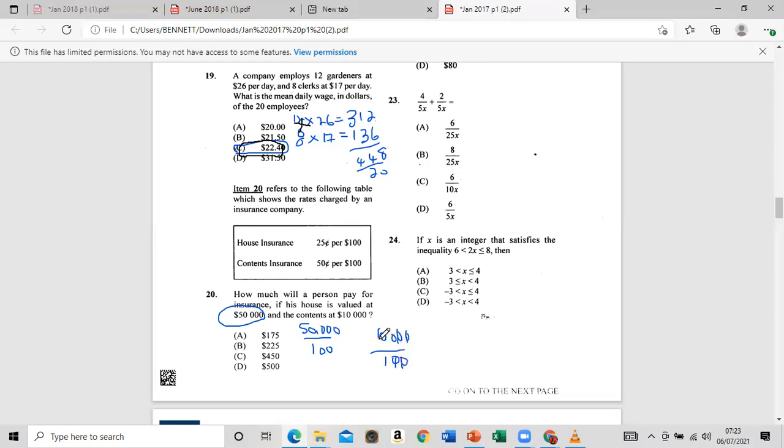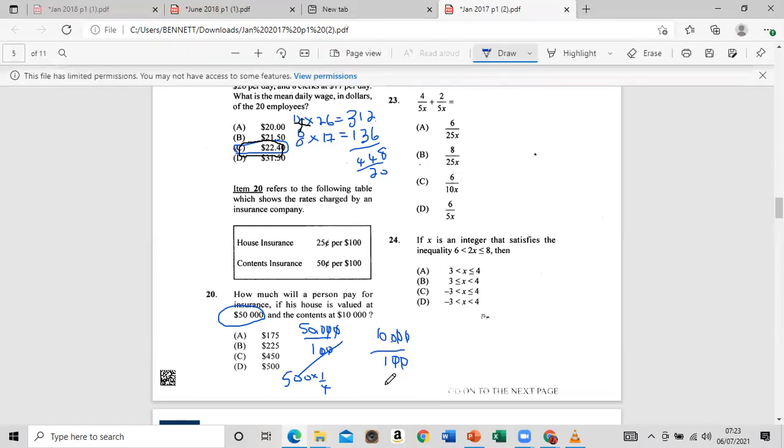So this is 100 times 50 for this one. Let me just cross off those two. So this works out to 500 times 25 cents. I could just say a quarter, which is easier to divide by 4. And this one is 50, and this one is half, so 100 times a half works out to 50.